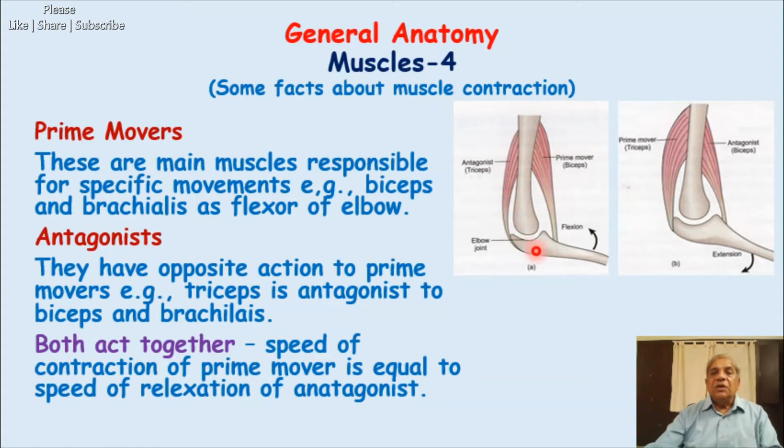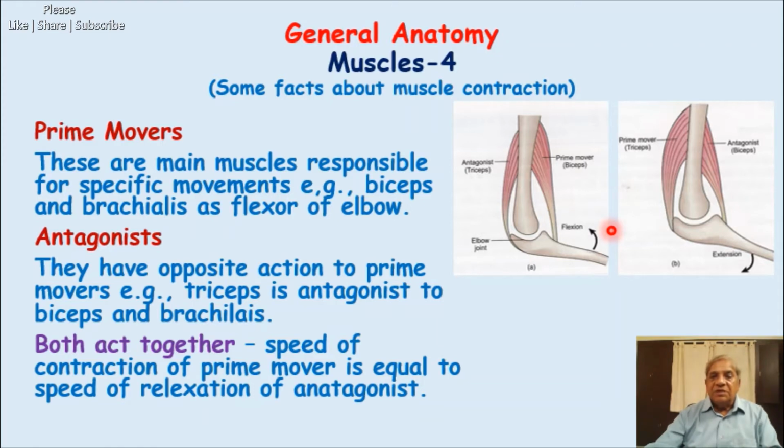So the muscle which is indirectly helping the flexion or bending movement at the elbow joint is the extensor muscle.